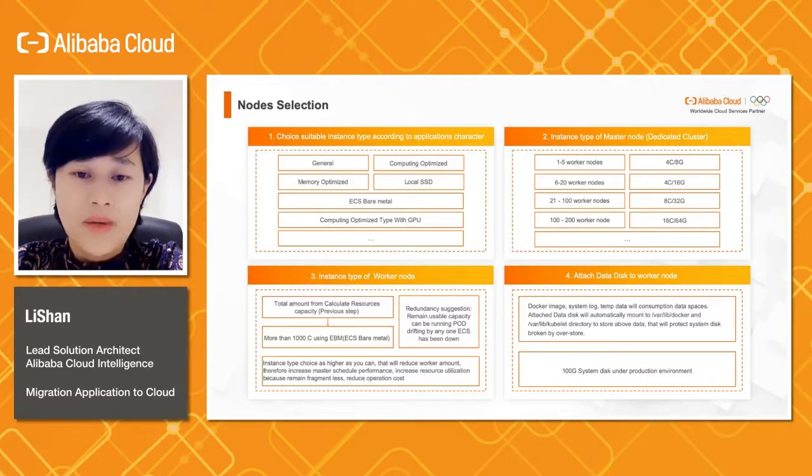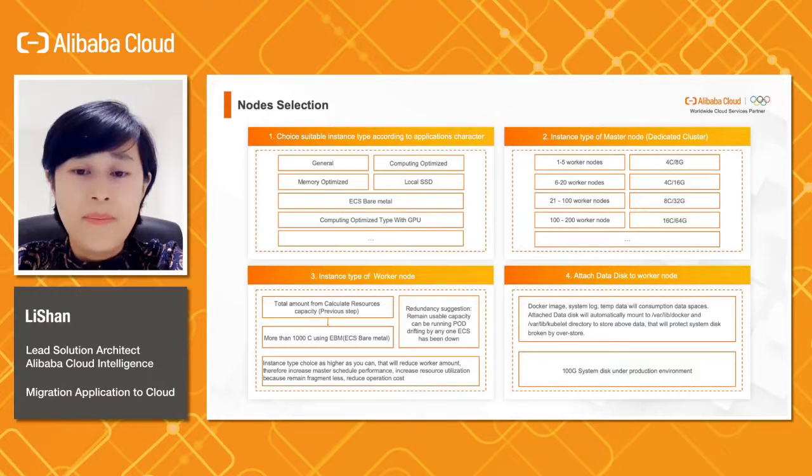If less than 1,000 core, choose a single instance capacity as high as you can. That will reduce the number of worker nodes. Therefore, it increases master scheduling performance and resource utilization because the remaining fragments are fewer. It also reduces operation cost.